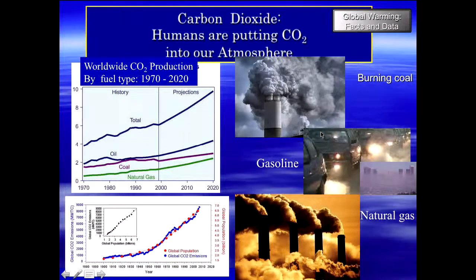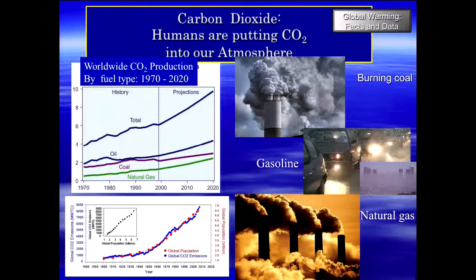And by doing that, you get this graph, and guess what? We are increasing the amount of carbon dioxide we're putting into the Earth's atmosphere. We humans are putting carbon dioxide into the Earth's atmosphere at rates that match well the observed increase in carbon dioxide.